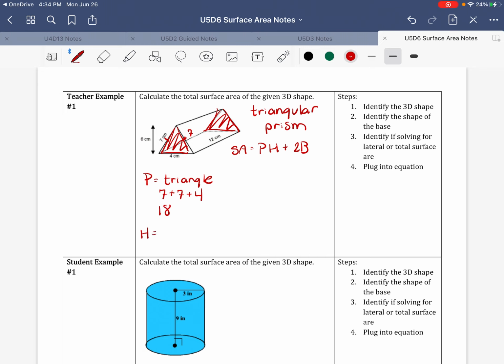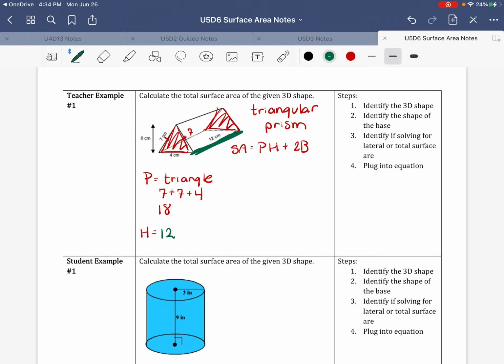My height is the height of my 3D figure, right? It's connecting my two bases. In this case, my height is going to be 12. Because of the orientation of this, it's a little bit hard to identify that 12 as a height.